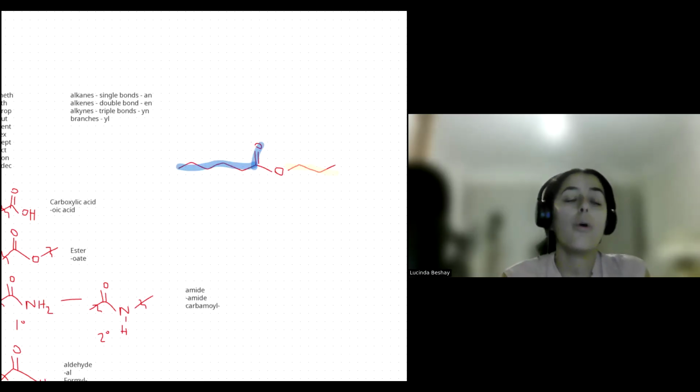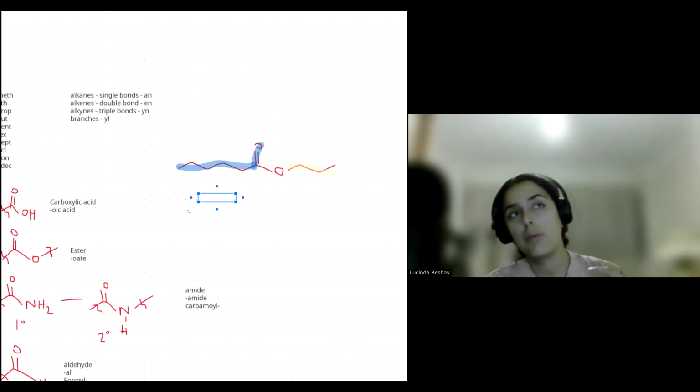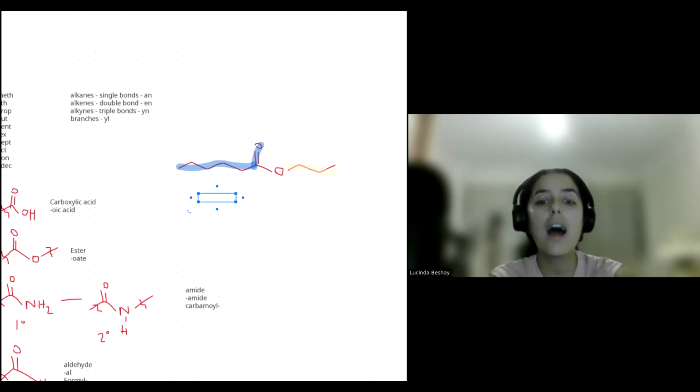Now, always, always, always, whatever is after the oxygen, we identify it as a branch. It's a branch. So in this case, I've got 1, 2, 3. 3 was prop, and as a branch I put propyl. Now, how do I know that it's bonded to the oxygen and not any other carbon? I say O, so O-propyl, and then I continue. I number the chain 1, 2, 3, 4, 5, 6.